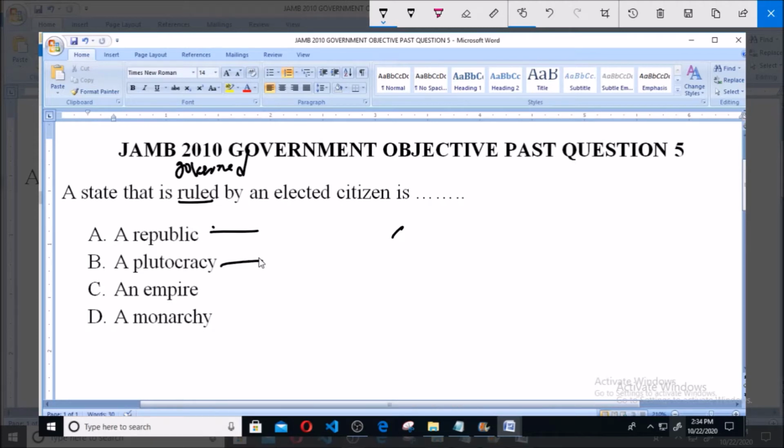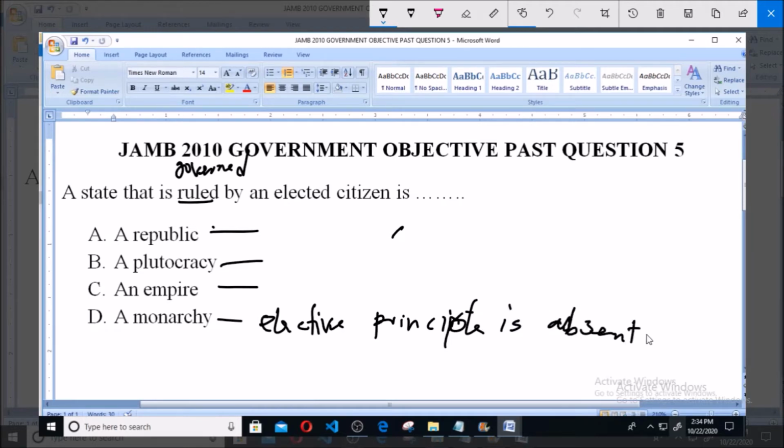B, a plutocracy. C, an empire. D, a monarchy. Now, in a monarchical system of government, there is no elective principle. They don't elect.